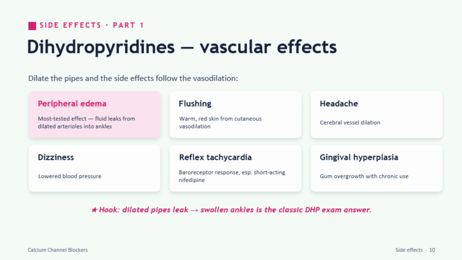You get peripheral edema, that swelling around the ankles, and that is the single most tested side effect, so remember it. Then flushing, headache, dizziness, a little reflex tachycardia as the heart speeds up to compensate, and gingival hyperplasia, overgrown gums. See, it all just flows from the mechanism.